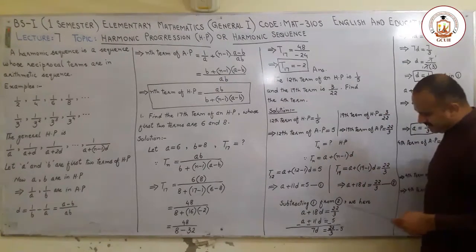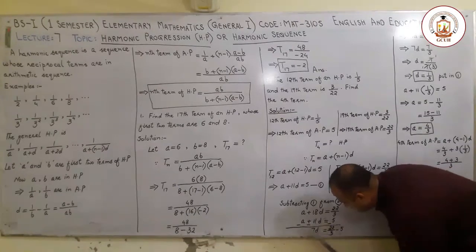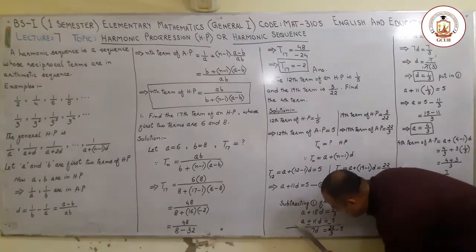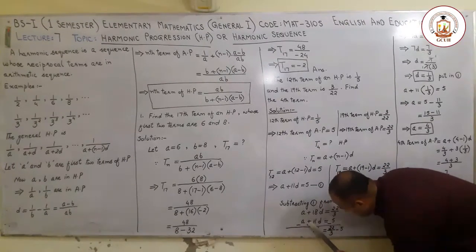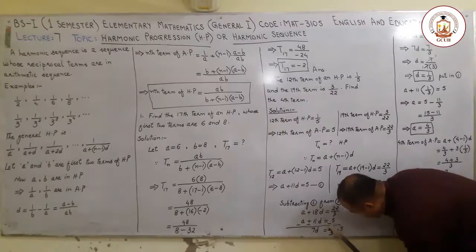As we are subtracting the equation which is written below, the signs of all the terms of that equation are changed. Here we have plus A, so instead of plus it will become minus. Here again the 11D sign is positive, so now 11D will take a negative sign, and the sign of 5 is plus, so its sign will now become minus.